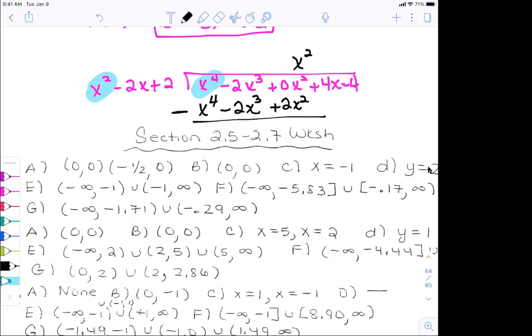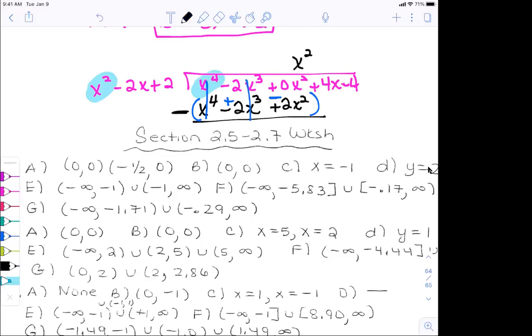And then remember, that's a big minus sign in front. That means my second term is now a plus. My third term is now a minus. X to the fourth minus x to the fourth cancels. Negative 2x cubed plus 2x cubed cancels.